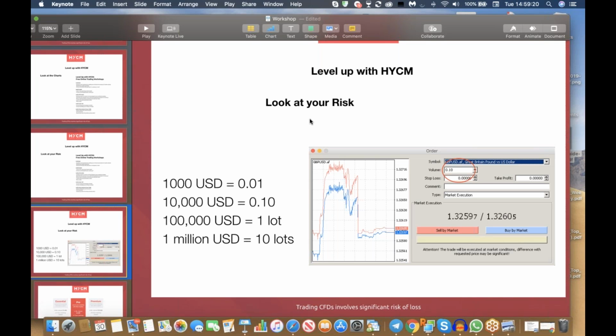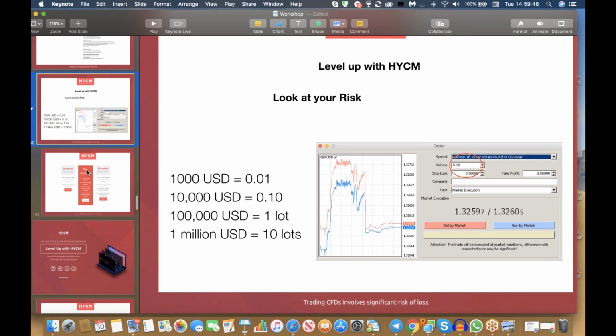Say you've got a $1 million US dollar account, to trade that without leverage you would be trading 10 lots. So imagine that my account was $1 million US dollar. The maximum amount I could trade would be 20 lots, and that would be the maximum leverage I'd be allowed to use. So do the equivalent for your same account, and see if that helps you with your profitability.